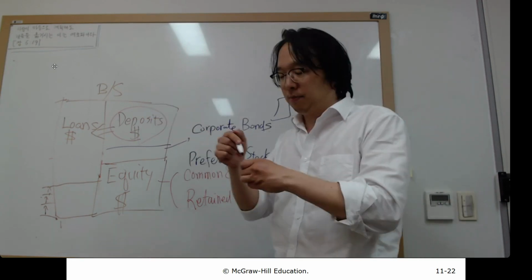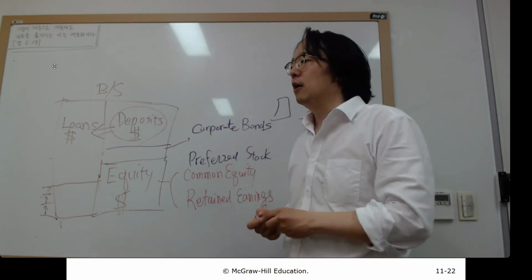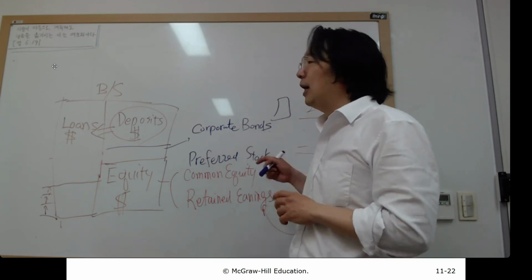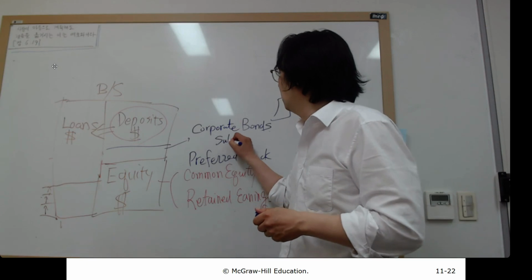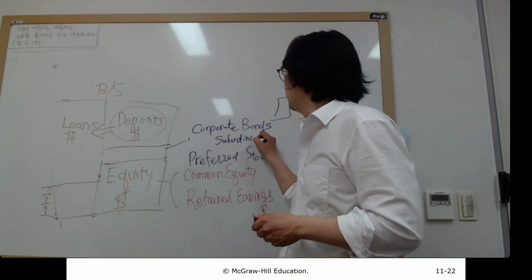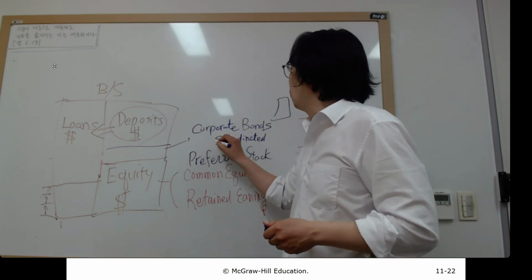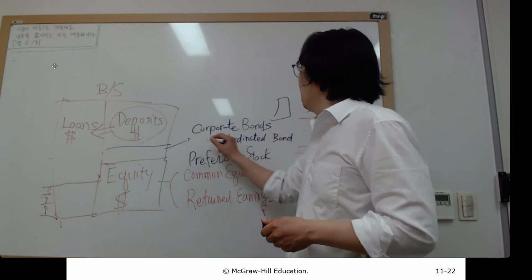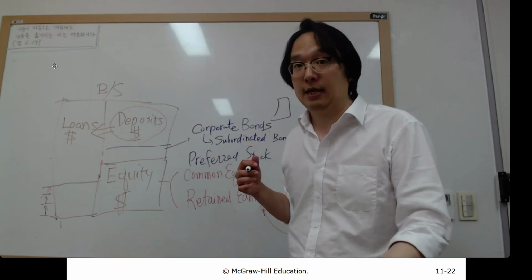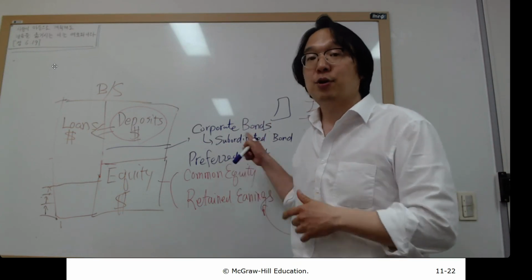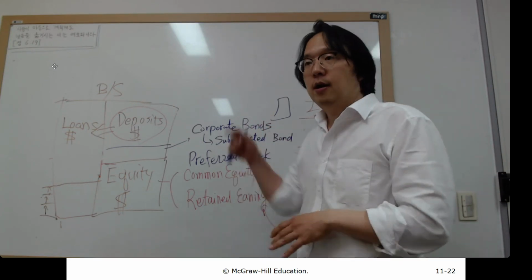The other kind is called subordinated debt, or subordinated bonds, which we call sub-debt. Their priority as creditor is way below.